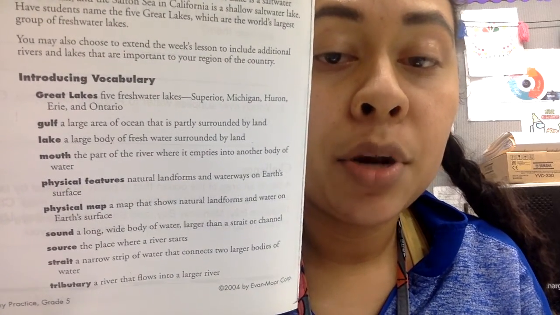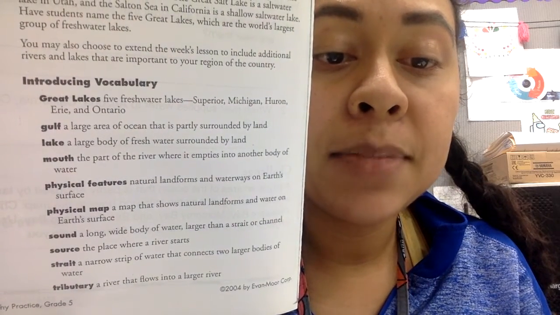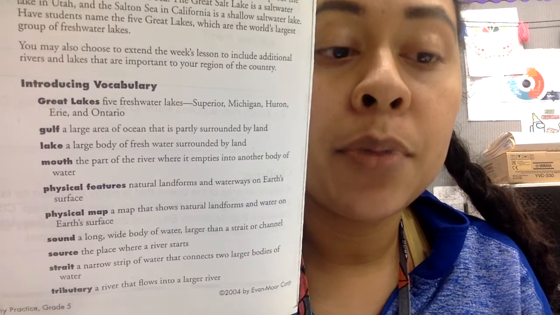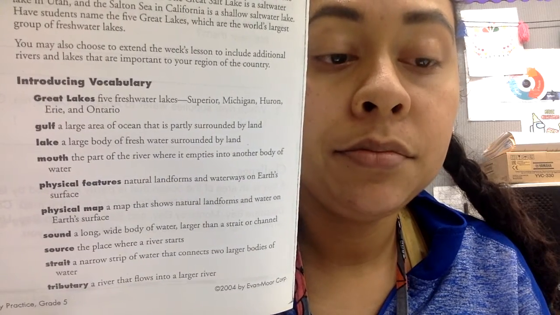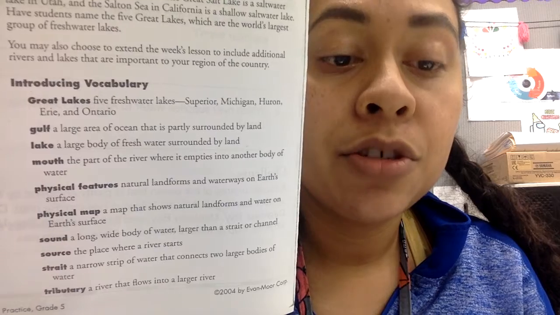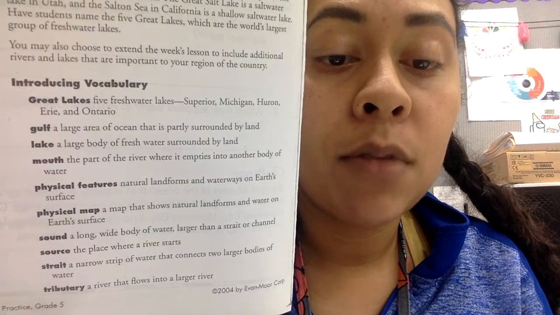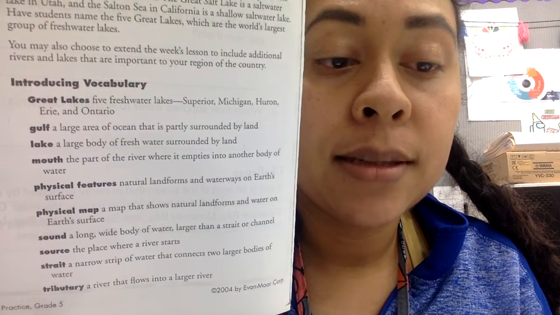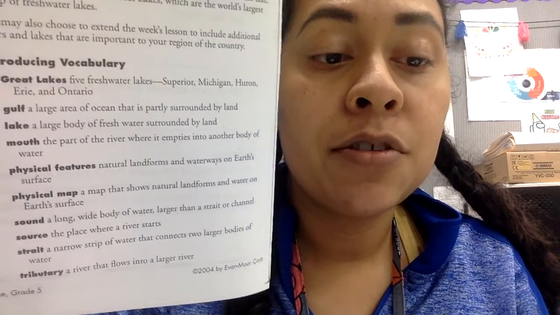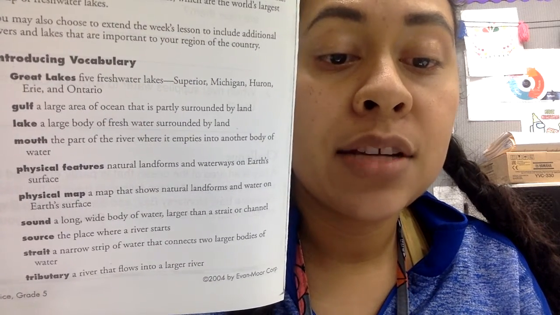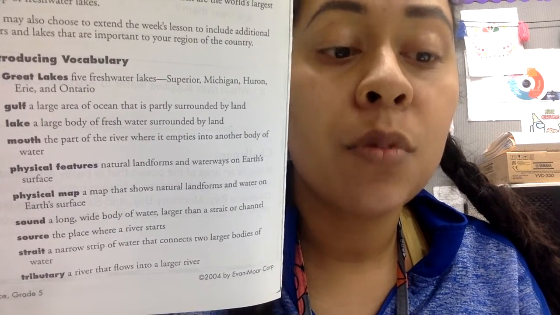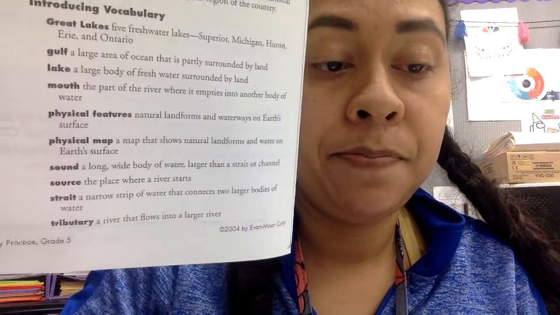Mouth: the part of the river where it empties into another body of water. Physical features: natural landforms and waterways on Earth's surface. Physical map: a map that shows natural landforms and water on Earth's surface.